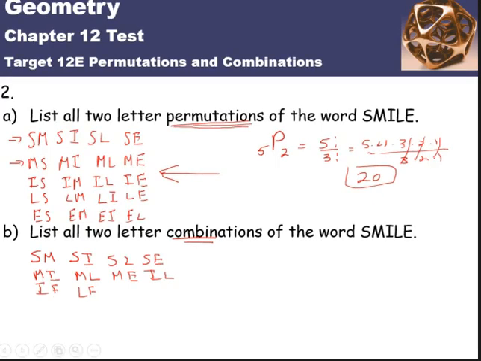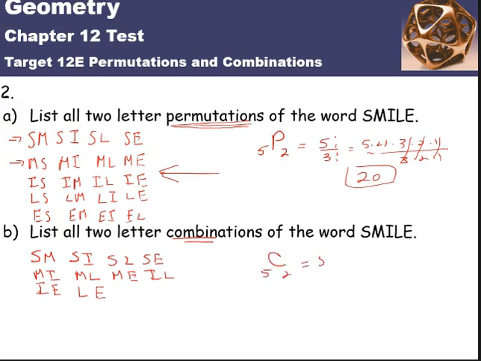This is IE. And LE. Alright, let's just rewrite the E. There, LE.